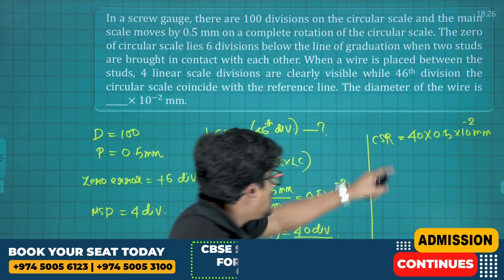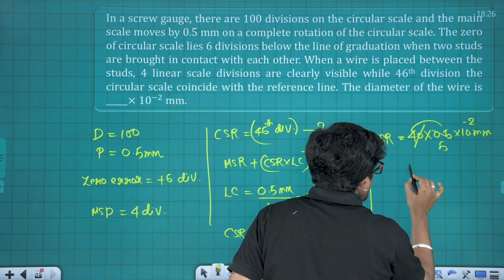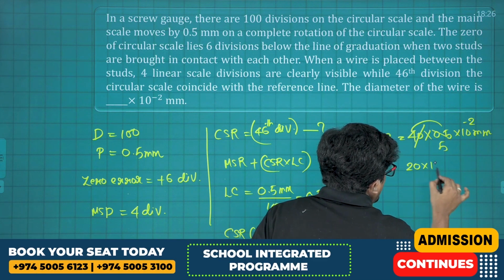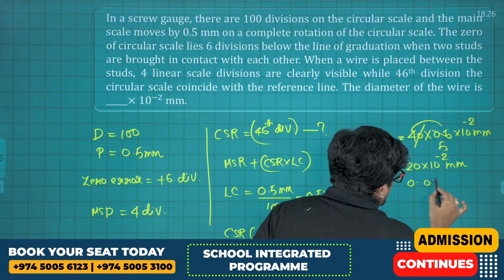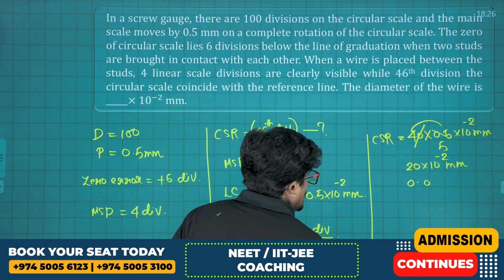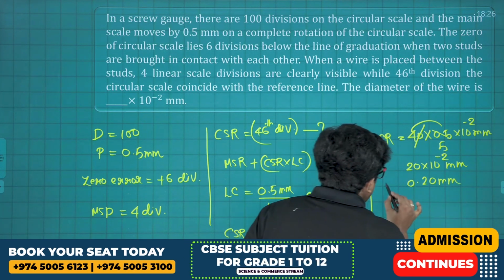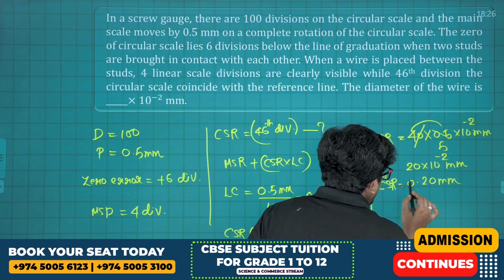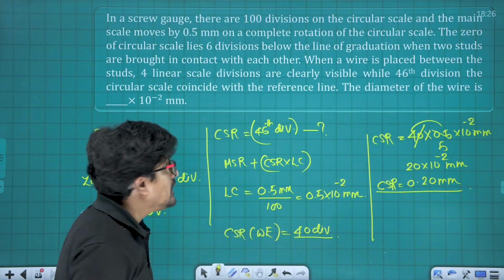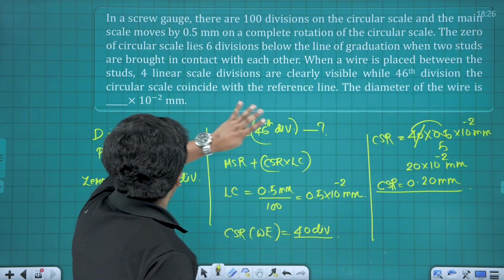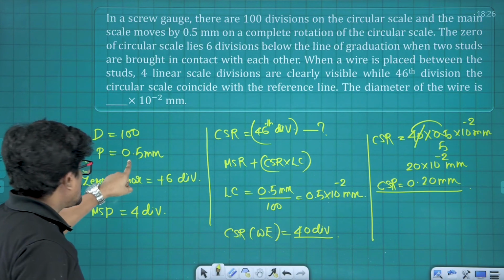Is that fine? Now 5 fours are 20, so 20 into 10 to the power minus 2 mm, or 0.20 mm. That is the circular scale reading. Finally, the main scale reading: on the main scale, 4 linear divisions are visible and 1 division is equal to 0.5 mm.